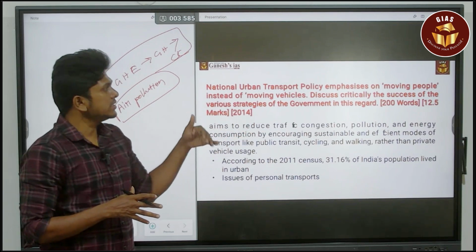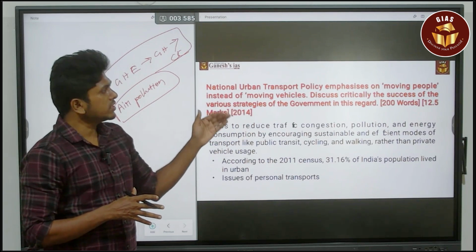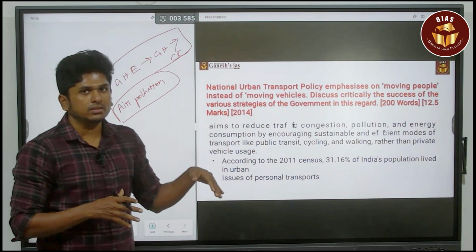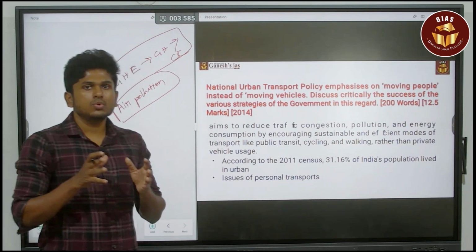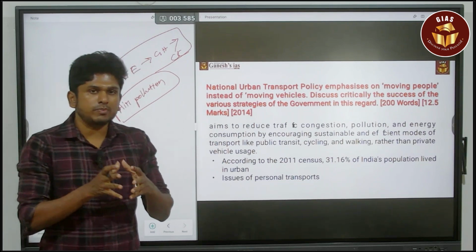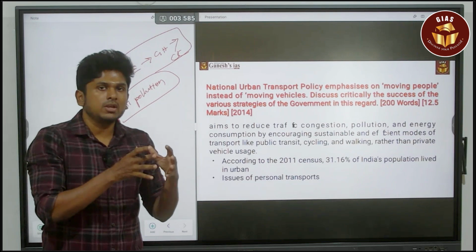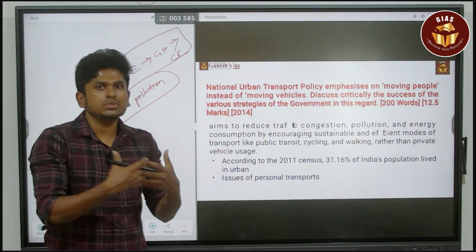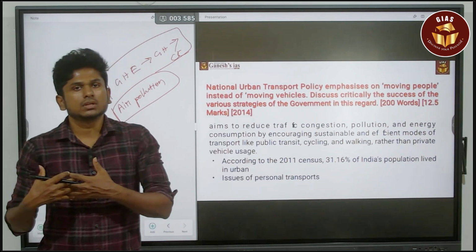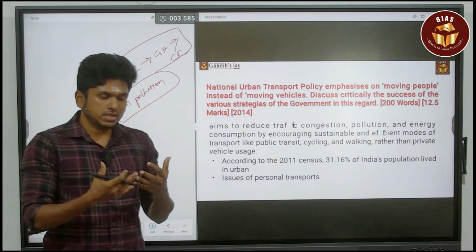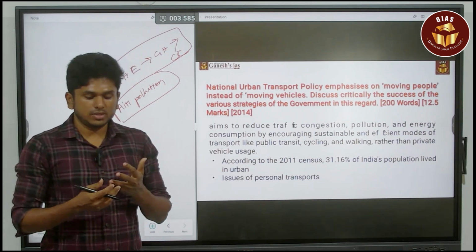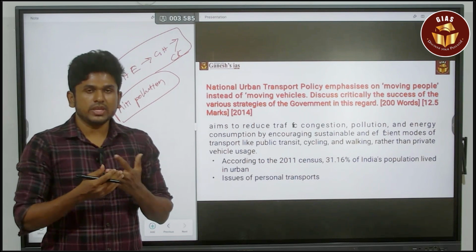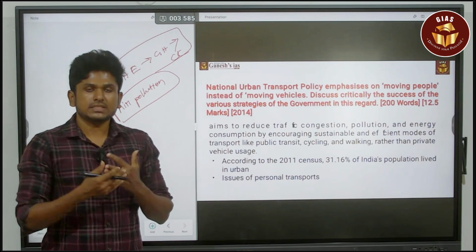This question indirectly means the emphasis on moving people instead of moving vehicles, which means it is not about creating more public transport. It is about inculcating the behavior of people to use public transport. For example, in Chennai there is a metro facility, suburban trains and also MTC bus services.